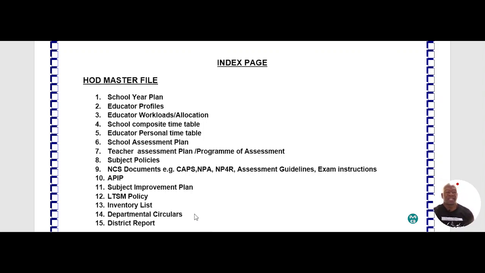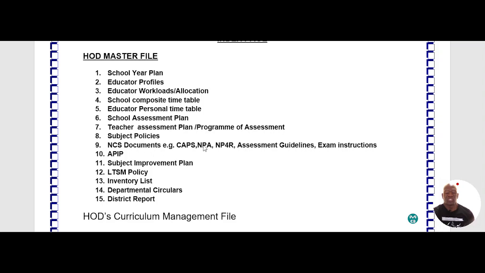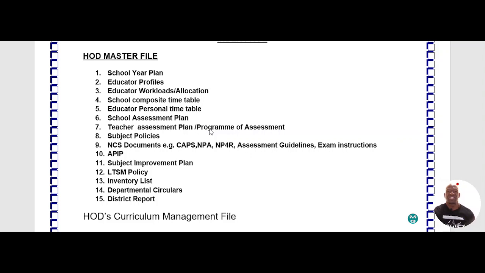Right. Moving right along, we go to the next one, which is the teacher assessment program. As you can see here, this is number 7. The teacher assessment program, or assessment plan, is what the teacher develops in terms of the subject that he or she teaches, being guided by the subject policy document of that particular subject. You would know that we have section 4 of each policy document, which is on assessment.